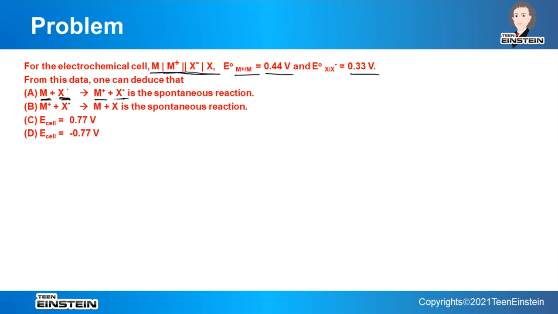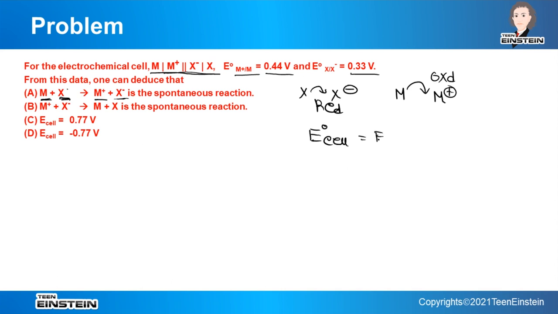You just have to check which system is reducing and which is oxidizing. So here X is reduced to X minus. This is reduction. M is oxidized to M plus. This is oxidation.